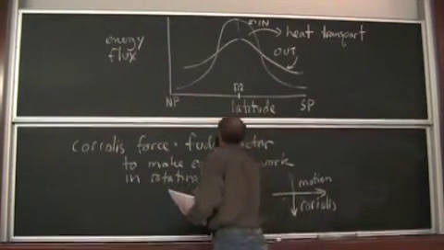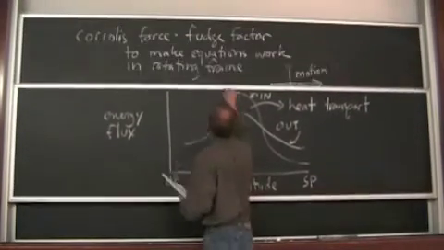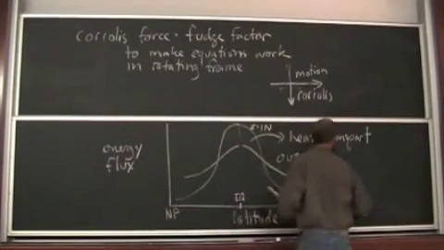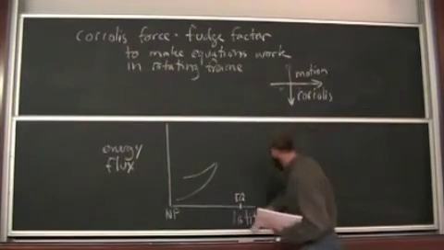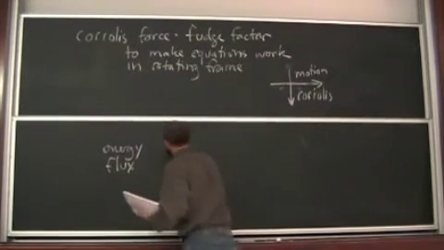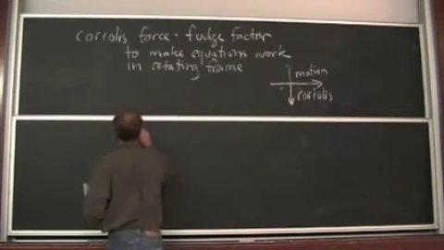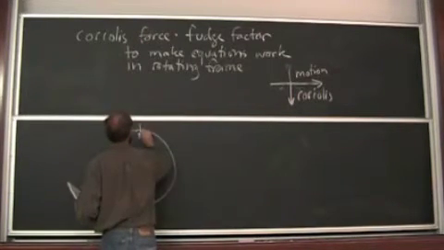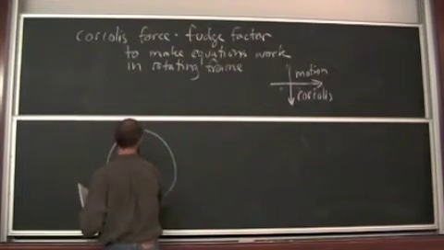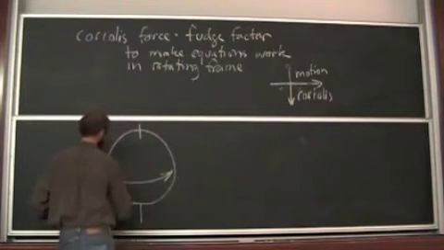So now the world is spinning like a merry-go-round, but it's a little more complicated in that it is a sphere instead of a disk. So there's a sphere, and let's say it's rotating in this direction.